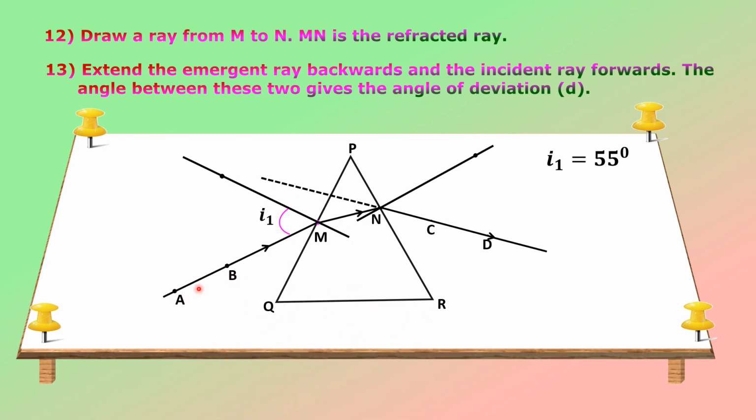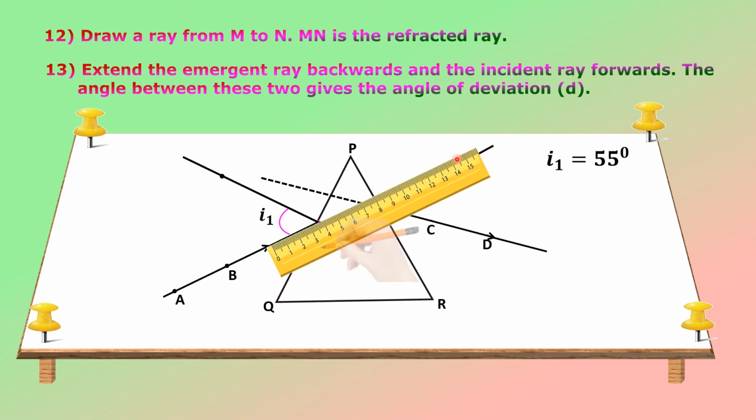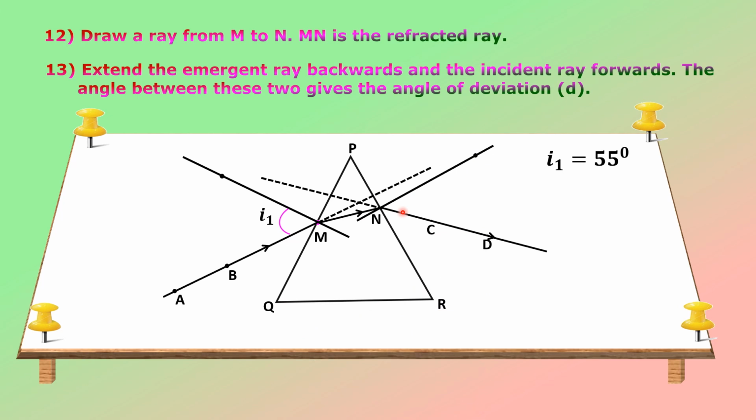Similarly, let us extend the incident ray forwards. So these two rays are met here, forming some angle. That angle is called angle of deviation.